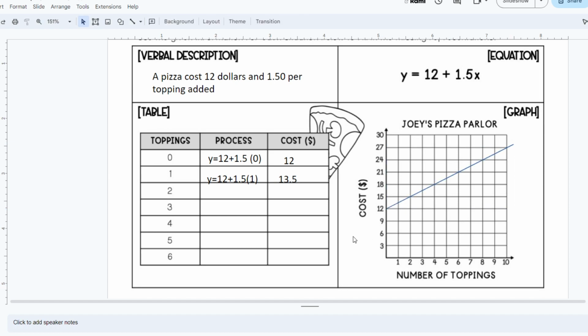There we go. So if we represent 1.5 as a fraction, it's 3 over 2. You can see we're going 3 up and 2 over. 3 up, 2 over, 3 up, 2 over. Also, keep in mind, if a graph counts by 3, you have to think about it like that.